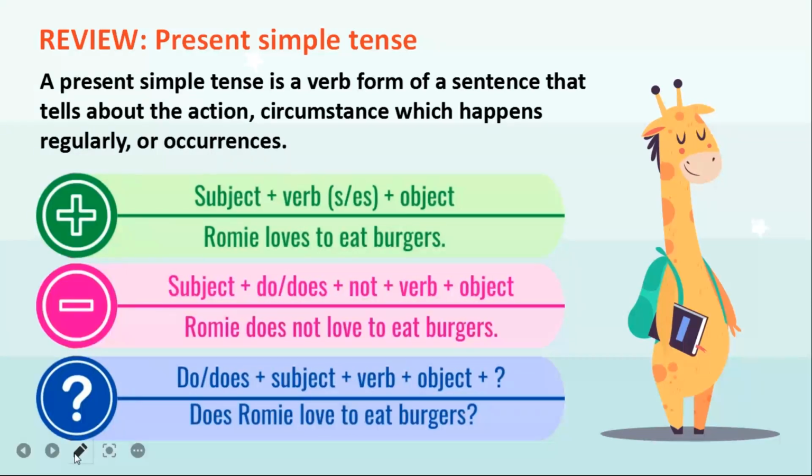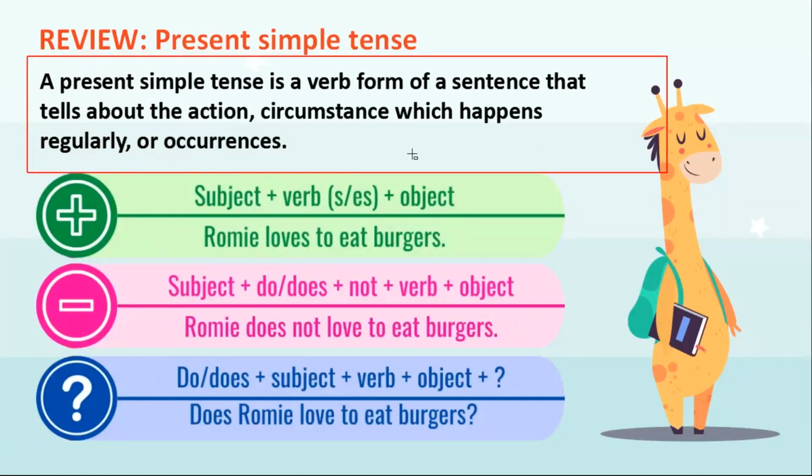Subject, verb, S, E. Present simple tense is a verb form of sentences that tell about an action or circumstance which happens regularly or is an occurrence.